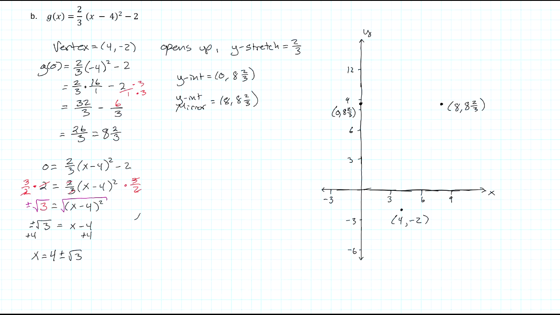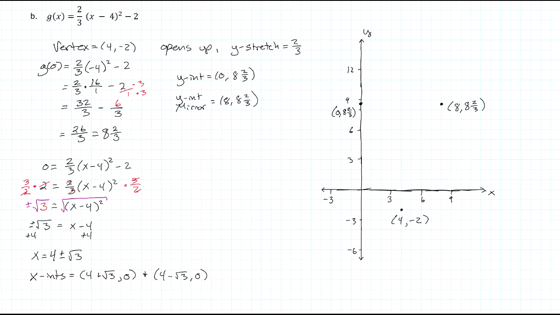So the x-intercepts are the 2 points, 4 plus the square root of 3, 0, and 4 minus the square root of 3, 0. So 4 is the axis of symmetry, and we're moving plus the square root of 3 to the right and then minus the square root of 3 to the left to get those x-intercepts.